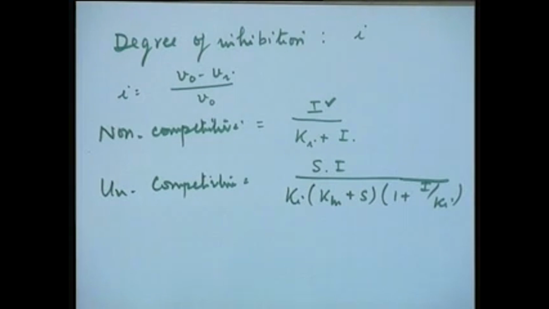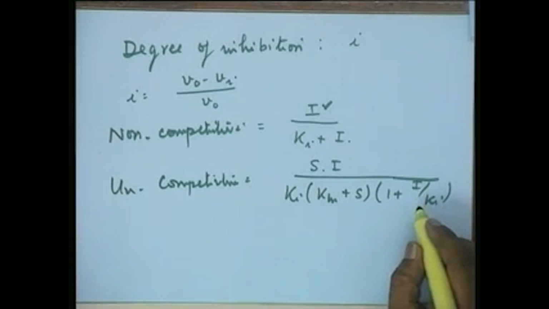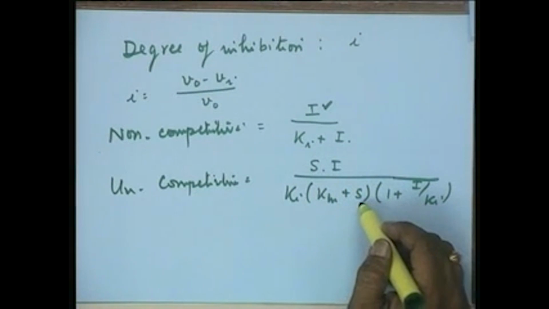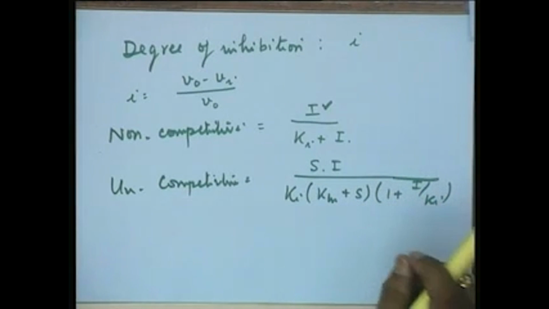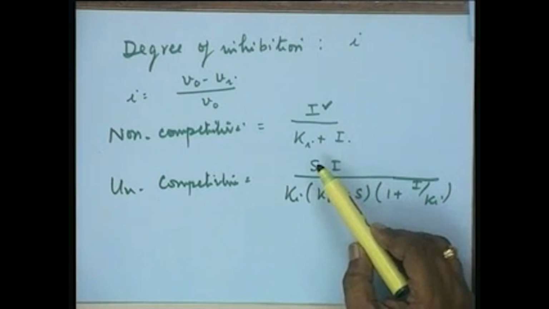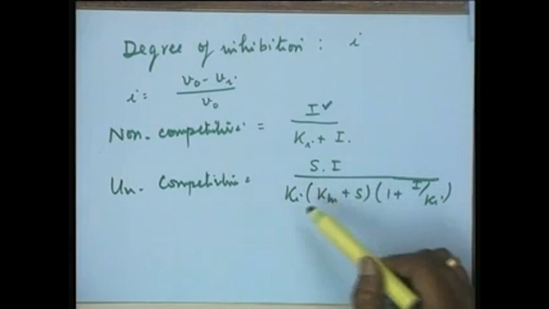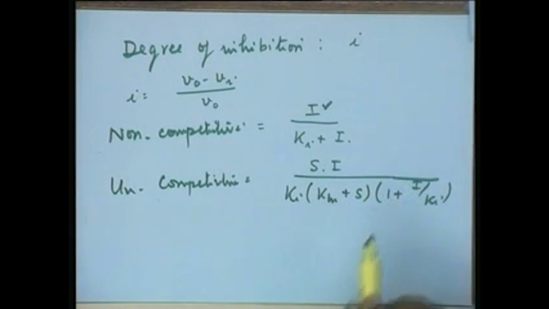Now, the degree of inhibition will rise from, let us say, S equal to 0 when there is no reaction, to a limiting value of I over 1 plus I over Ki at very high value of substrate concentration. When substrate concentrations become very high, the limiting degree of inhibition will be I over 1 plus I over Ki, but it will depend, like competitive inhibition, on the substrate concentration, inhibitor concentration, Ki and Km, all the parameters.